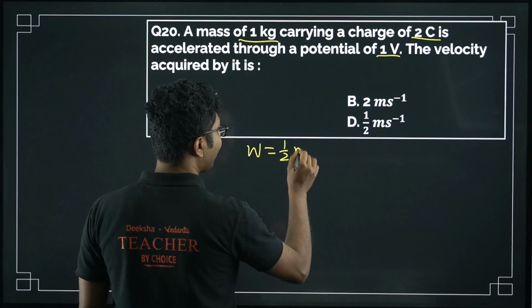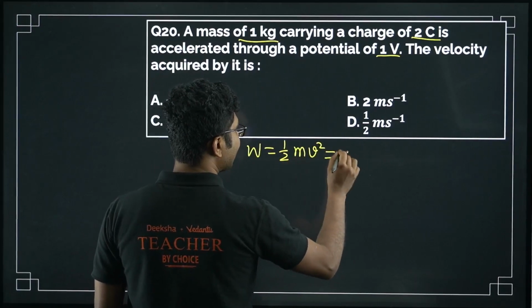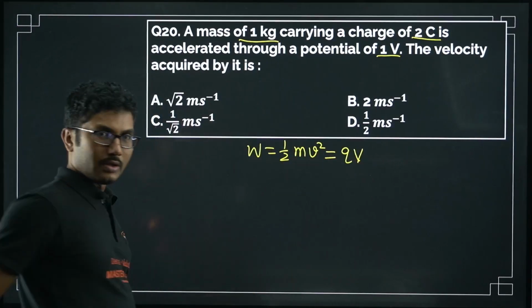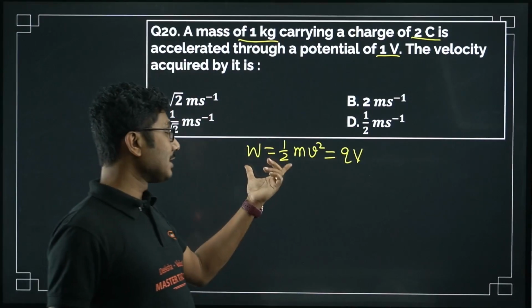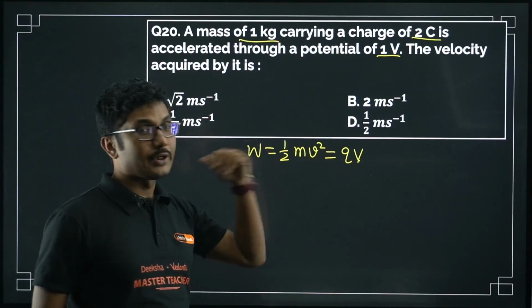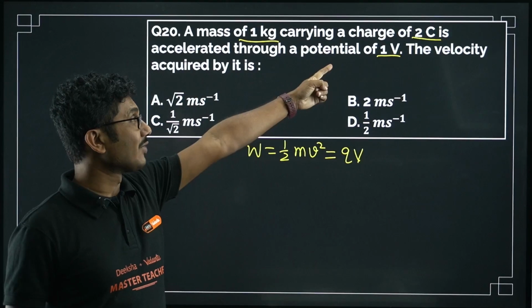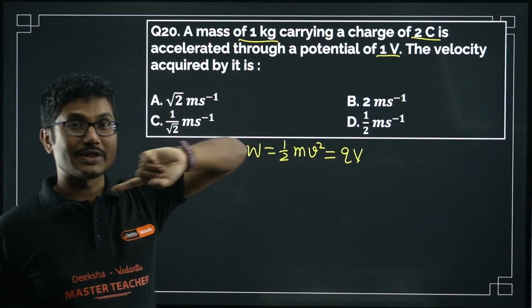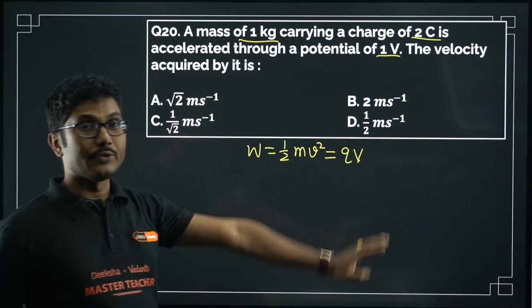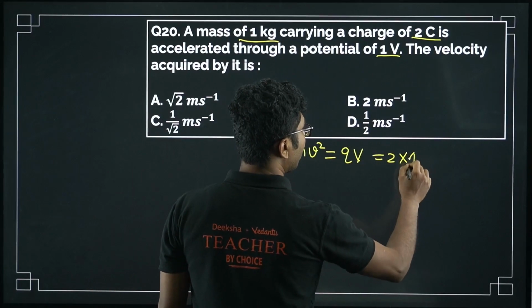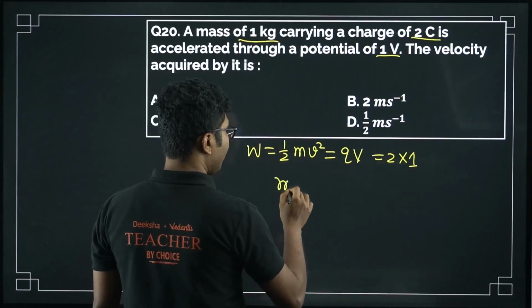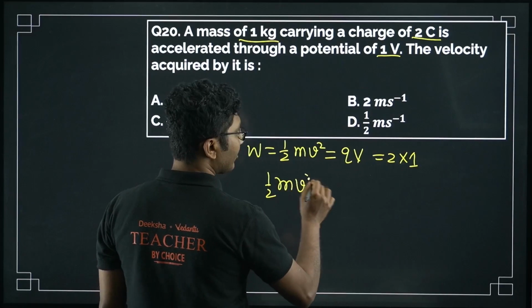Kinetic energy is half m v square, and that equals Q into V. By the work energy principle, half m v square should equal the work done. If you are moving a charge in a potential, the work done is Q into V. Q is 2 coulomb, voltage is 1 volt, so half m v square equals 2.